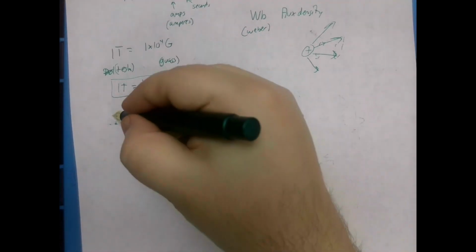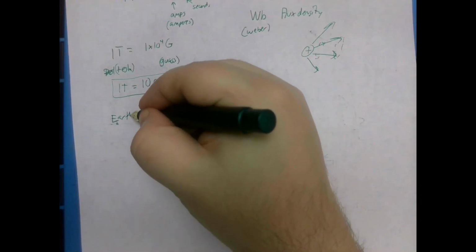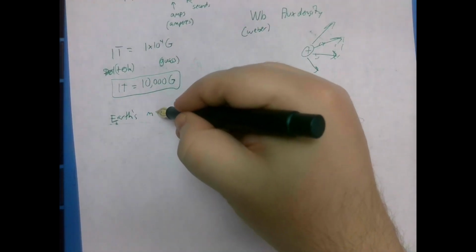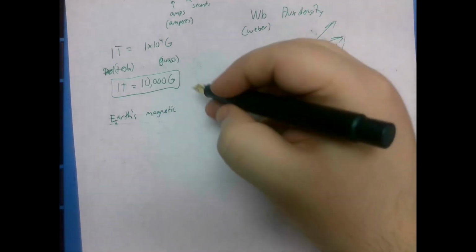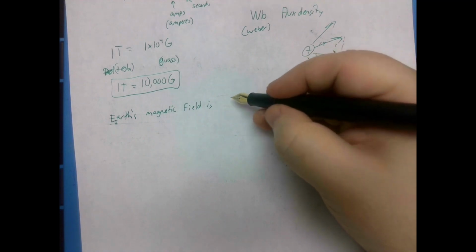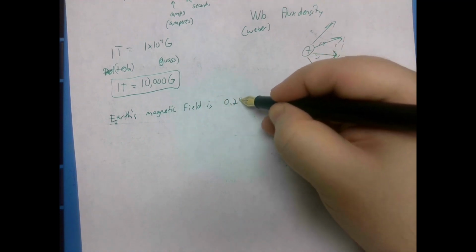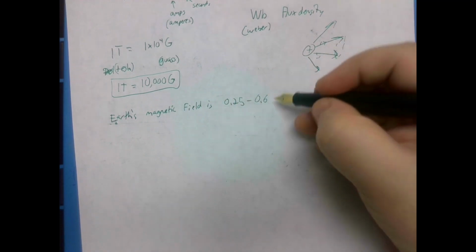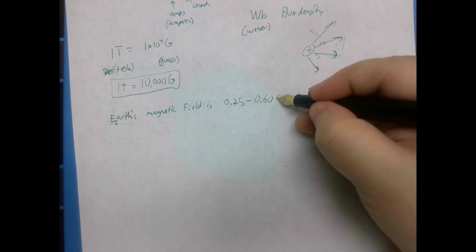Let's see if I can find Earth. So Earth's magnetic field is between 0.25 and 0.6 Gauss.